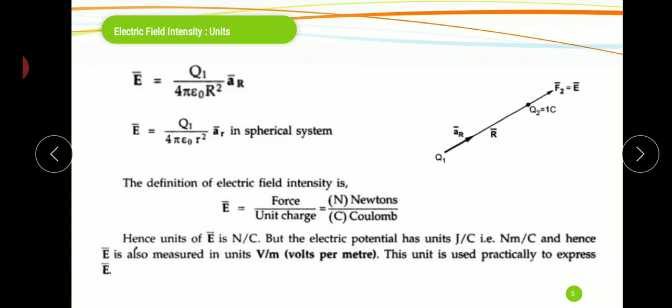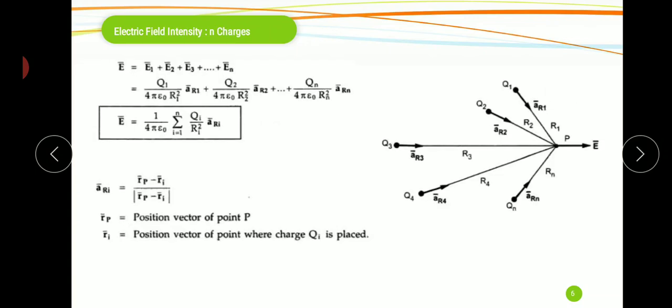The next topic is electric field intensity due to n charges. Here we have discussed the electric field intensity due to one charge, that is q1 by 4 pi epsilon naught r1p a bar r1p.